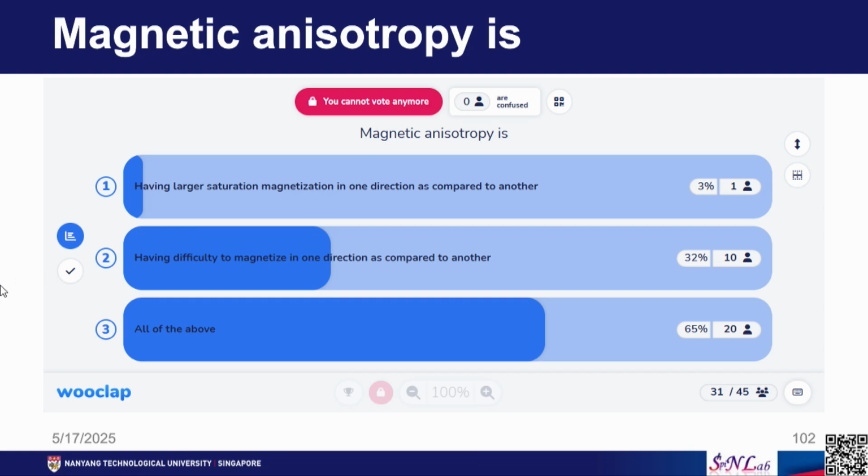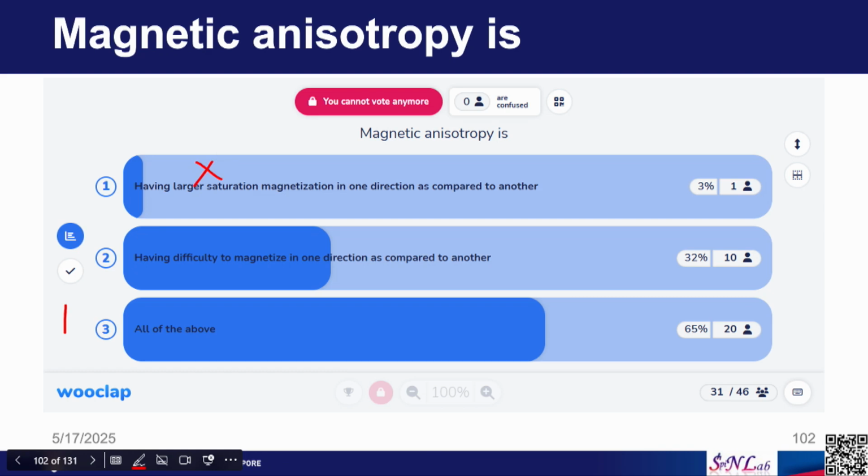Why wrong? Majority of you are wrong because all of the above means this is right, but this is wrong.